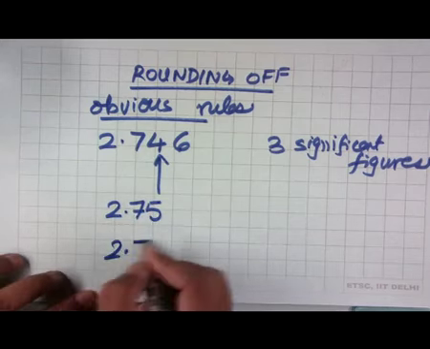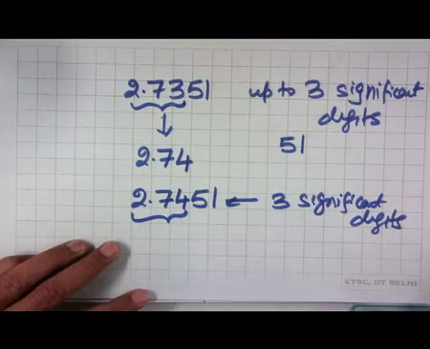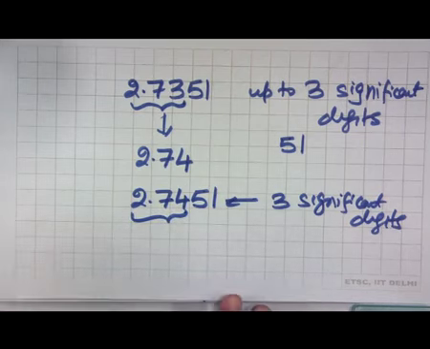So, in this case, because what we are dropping is bigger than 5, because there is a 1 following that, this will be written as 2.74, and this would even happen if we have something like 2.7451, and if we have to keep this up to 3 significant digits, so that means we are looking at 2.74, but now the part which we are dropping is bigger than half, because 5 is followed by a 1. So, in this case this will be written as 2.75.